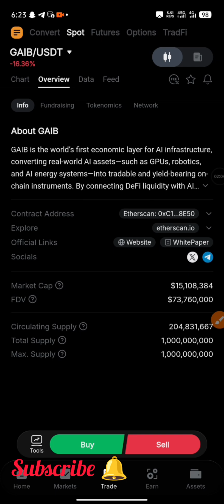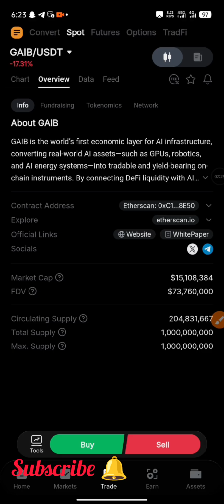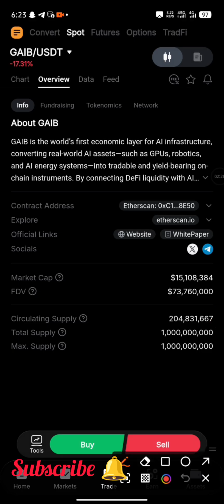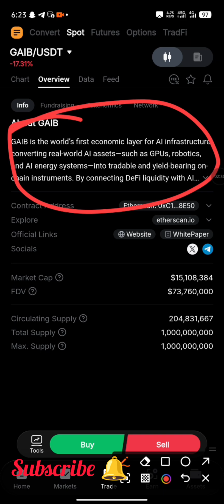Bybit is the world's first economy layer for AI infrastructure, covering real-world AI assets such as GPUs, robotics, and AI energy systems, tradable and yield-bearing by connecting DeFi liquidity with AI. Now let's stop here. You can see the About the Coin section is shown here in brief. This is about the coin, and this is the coin wallet.